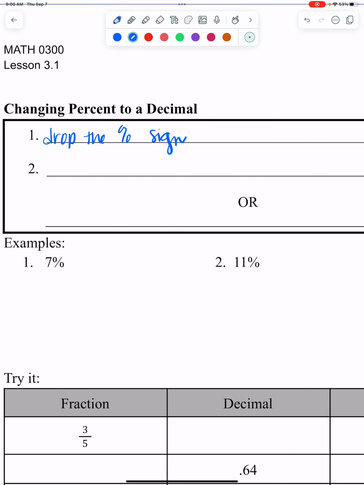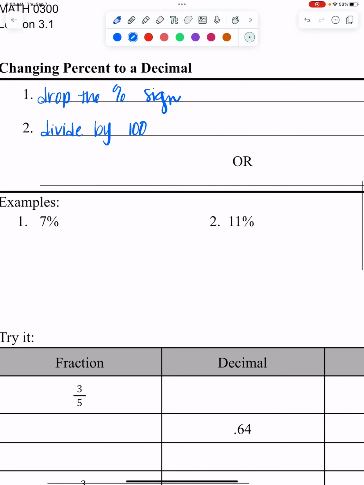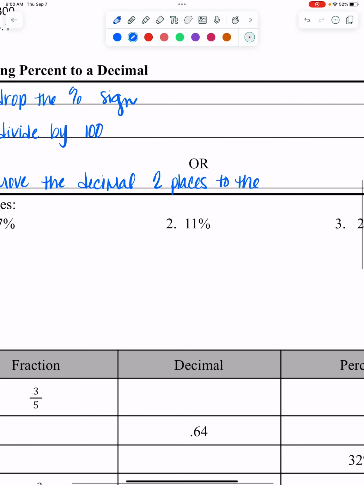To go from a percent to a decimal, we want to divide by 100, and that's it. The other option is to move the decimal 2 places to the left.